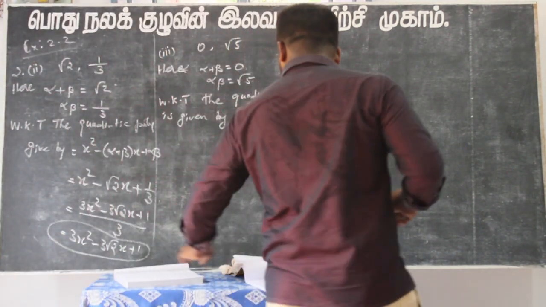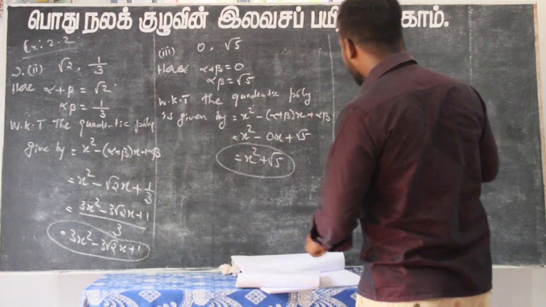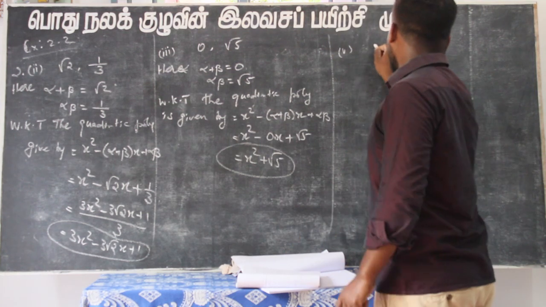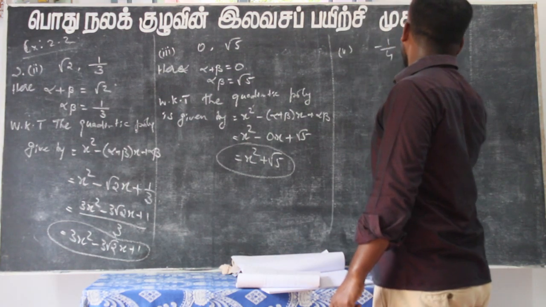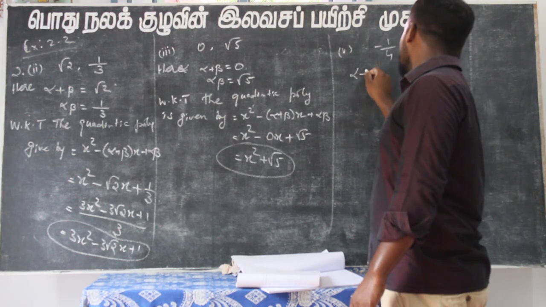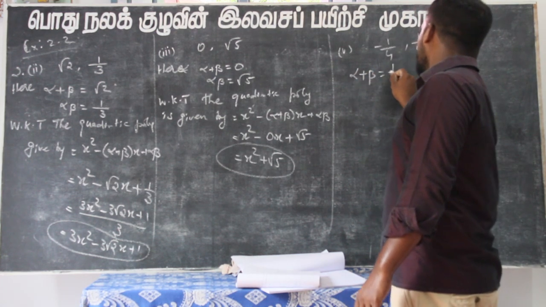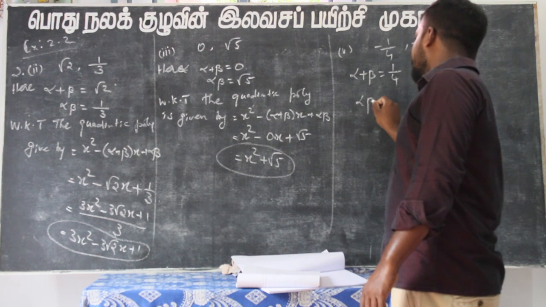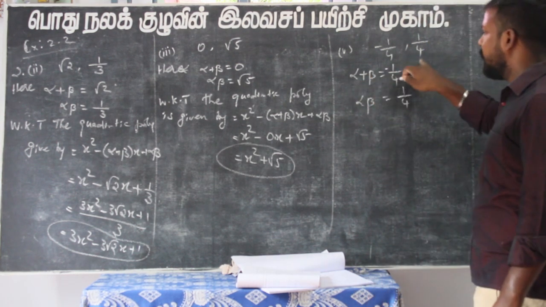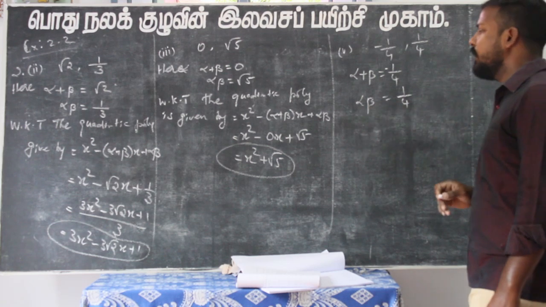Now the third problem, which I will take as the fifth one. They gave minus 1 by 4 and 1 by 4. What is the sum of the zeros? Alpha plus beta is equal to minus 1 by 4, and alpha into beta is equal to 1 by 4.